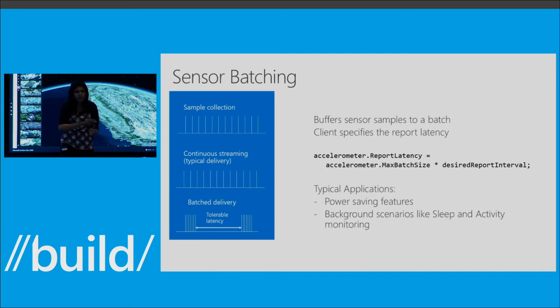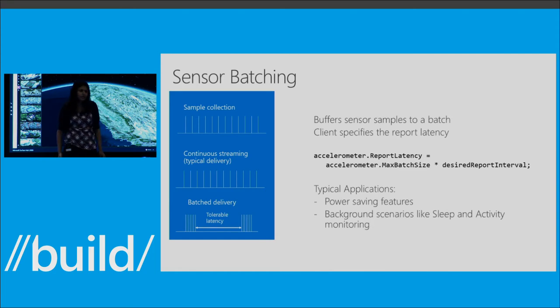Essentially, what is the latency or delay that your app can tolerate before it gets the sensor data? This will also depend on the max batch size, which is the maximum buffer that the hardware has. Can the hardware buffer up to 200 events, or up to 300 events? Depending on that, you will know how many events can be batched. If the max batch size is 0, then batching is not supported on that hardware.